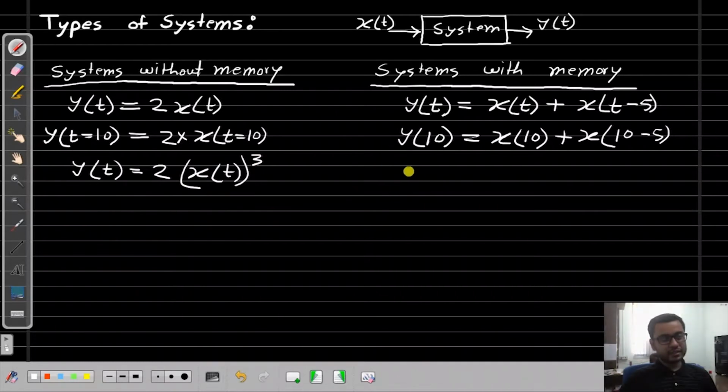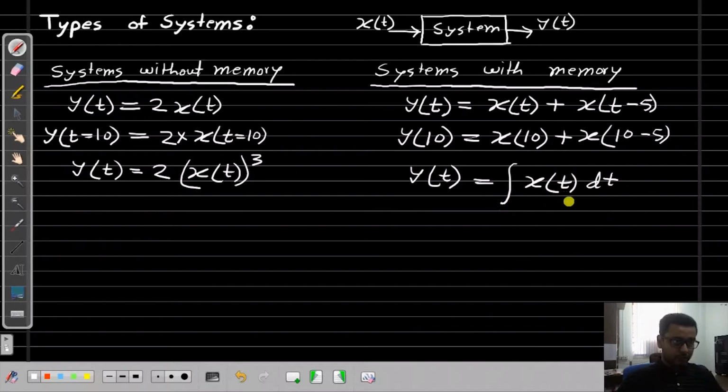On the other hand, if I have a system whose output y(t) is given as the integration of the input x(tau) d tau, where tau is a dummy variable, integrated over tau equal to 0 to t.